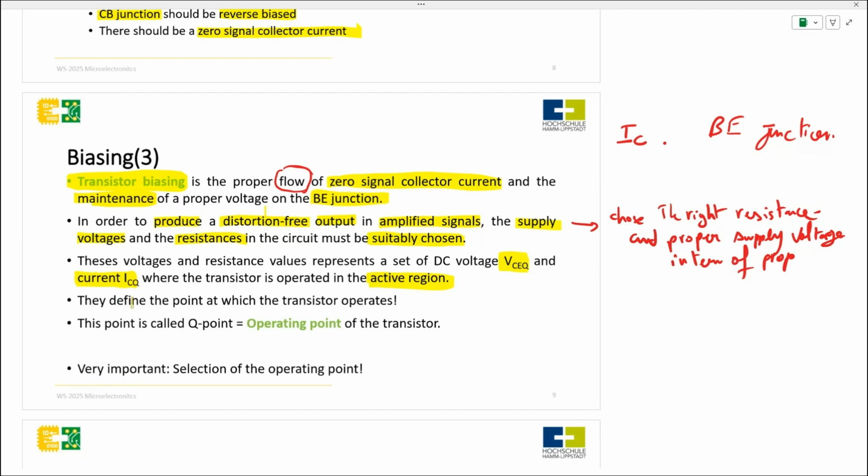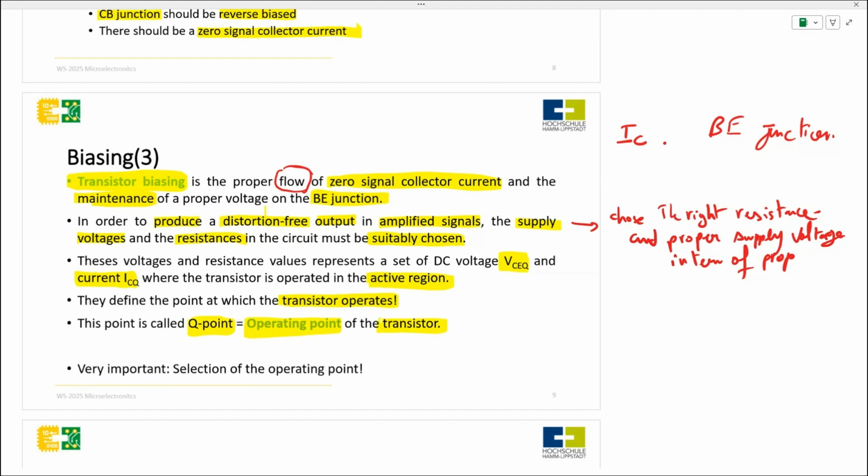They define the point at which the transistor operates. This point is called the Q point, or the operating point, of our transistor for sure.